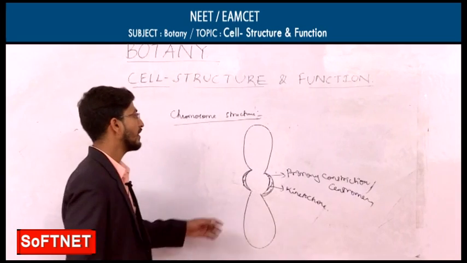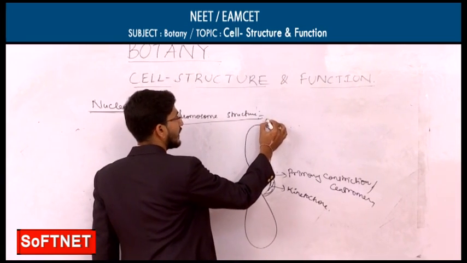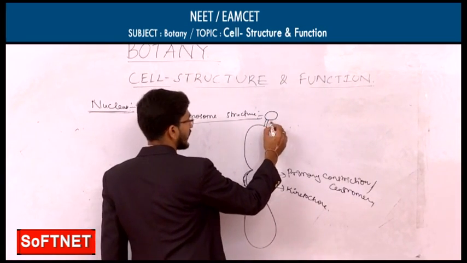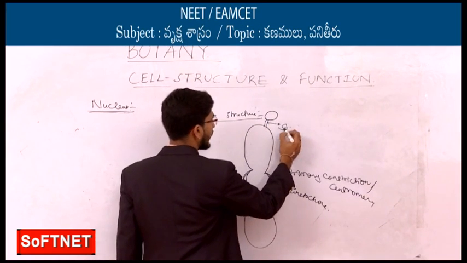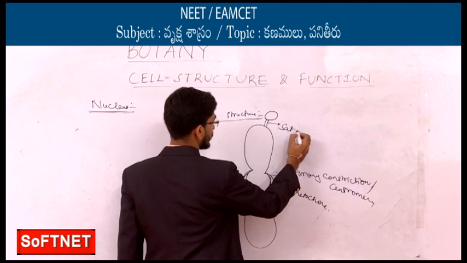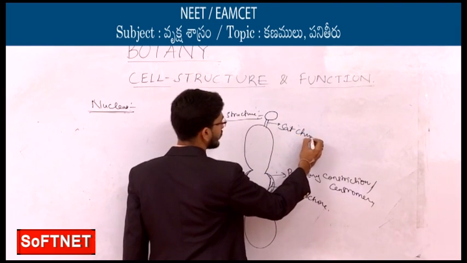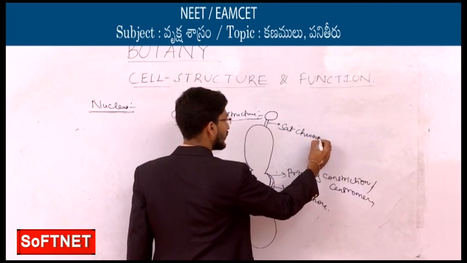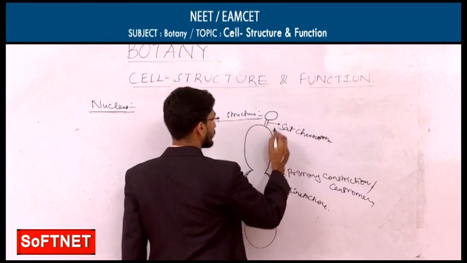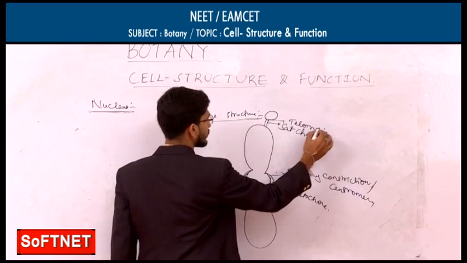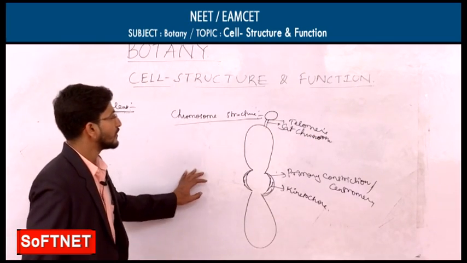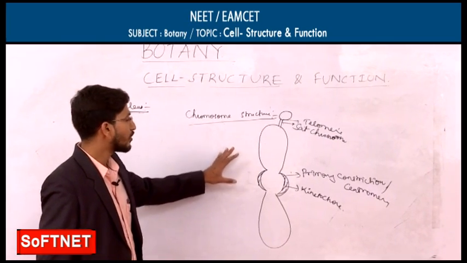Sometimes at the end you will also find secondary constrictions. The part containing the secondary constriction is known as the SAT, and such chromosomes are known as SAT chromosomes or satellite chromosomes. The ends are also known as telomeres. So this is about the chromosome structure.